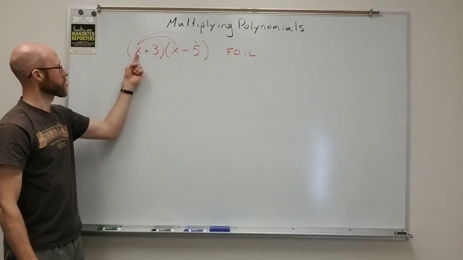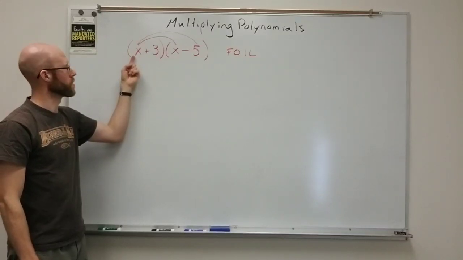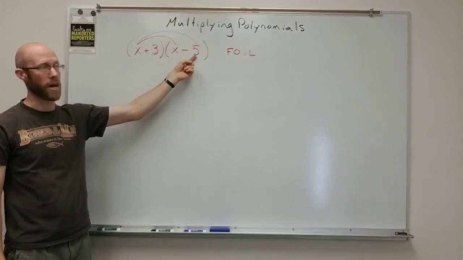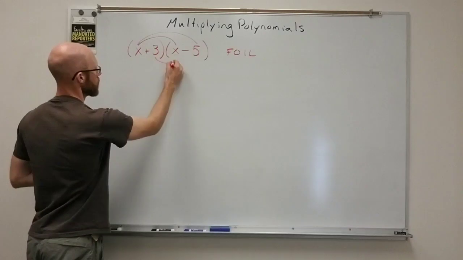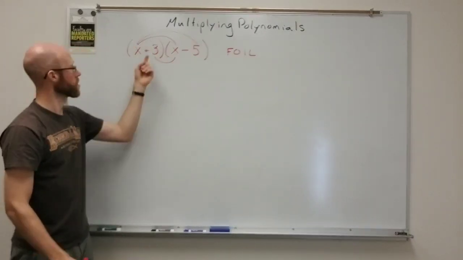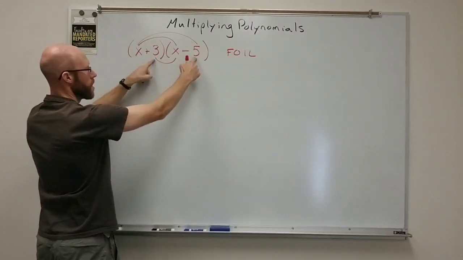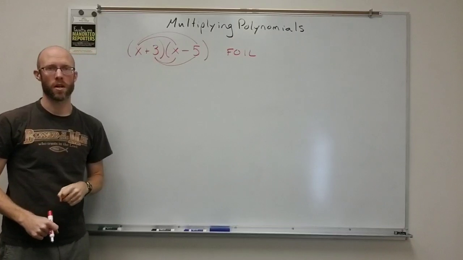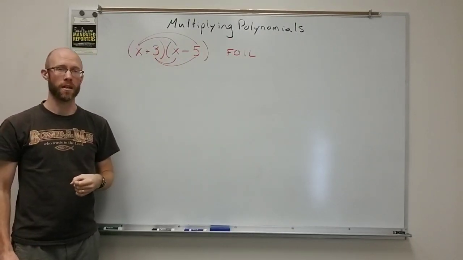Essentially what that does is it takes the first term from the left binomial and multiplies both terms on the right. Then the I is for the inner 2, the 2 on the inside. That's the 3 times the x, and then the L is for last, which are the last 2. So you have the last one on the left and the last one on the right multiplied together.